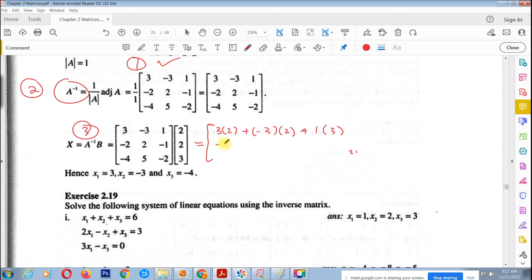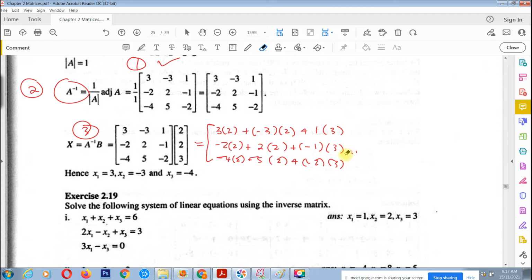So we will get negative 2 times 2 plus 2 times 2 plus negative 1 times 3, negative 4 times 2 plus 5 times 2 plus negative 2 times 3.